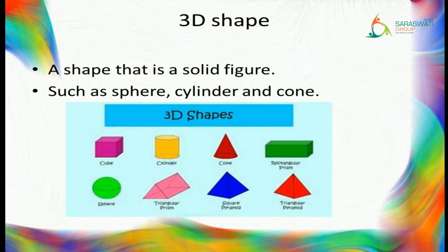There are so many. You can see here cube, then cylinder, cone, prism, sphere, triangular prism, square pyramid, triangular pyramid, right? This is a rectangular prism and this is a triangular prism. So these are all examples of 3D shapes. Is it clear? Moving to the next one.